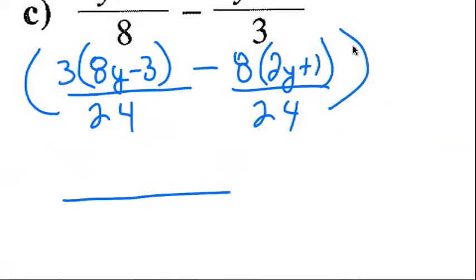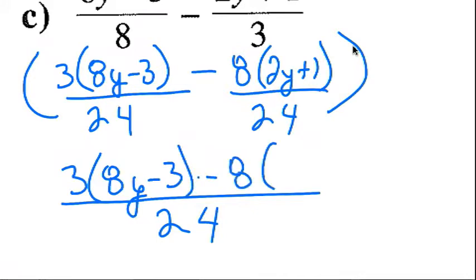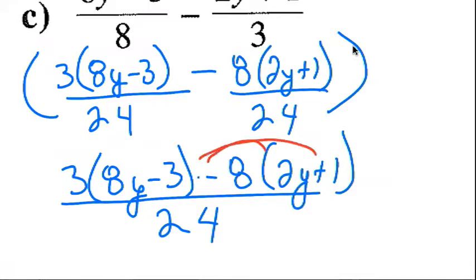Now I can rewrite this. It's all on 24. And let's rewrite it: 3 bracket 8y minus 3, minus 8 bracket 2y plus 1. So this minus sign, remember, when we do this bringing in, that comes with the 8.